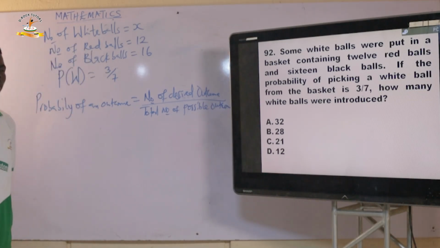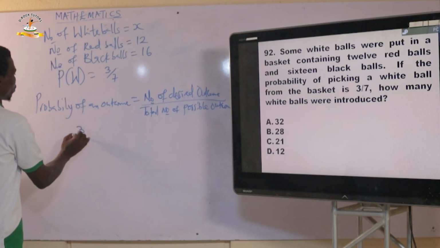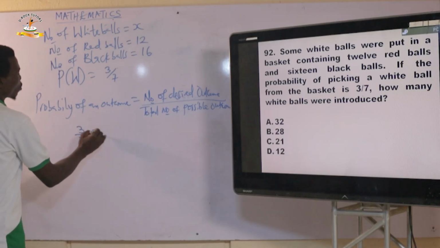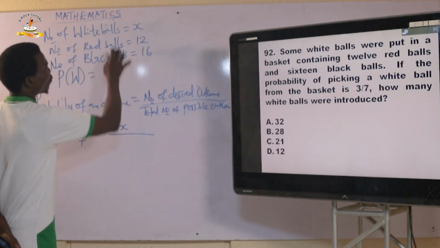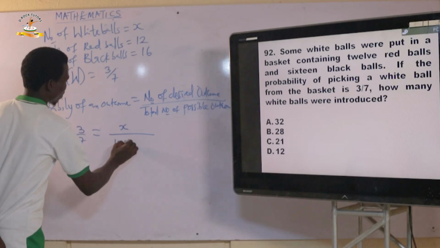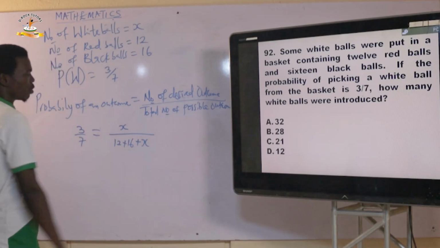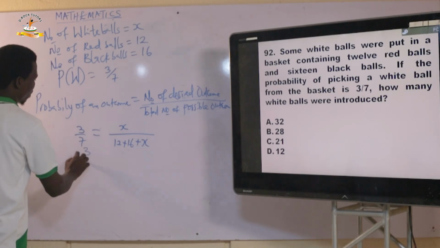That's the formula for probability. So our probability of white, 3/7, will be equal to the number of white balls, which is X, over the total number of balls available, which is 12 plus 16 plus the X itself.